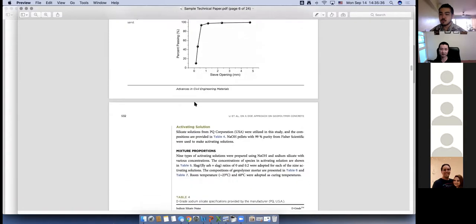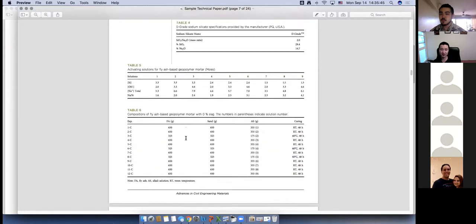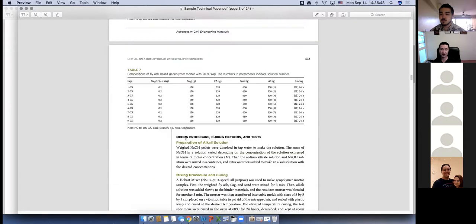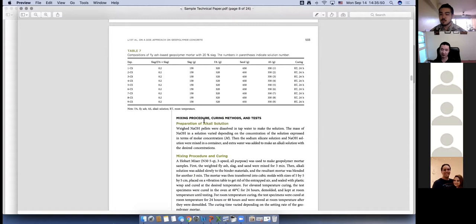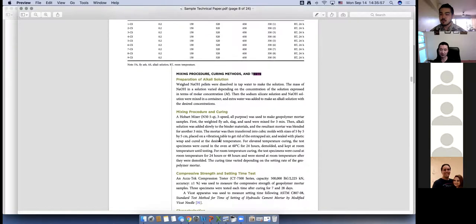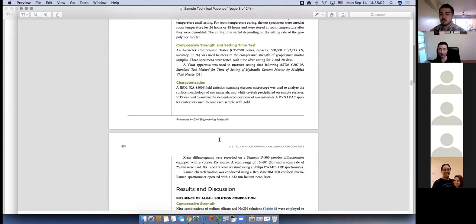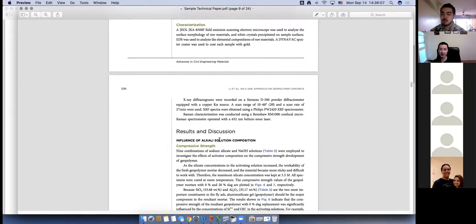Sand, chemicals we use. Mixed proportions, what the mix design is for the concrete. Mixing procedure, how you mix the concrete, how you cure the concrete, and what kind of tests you did for your samples. For your lab, you don't have to write such a long lab report, but this is the format you should follow.